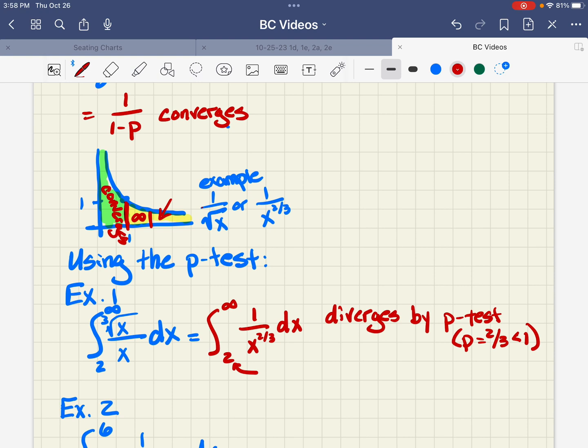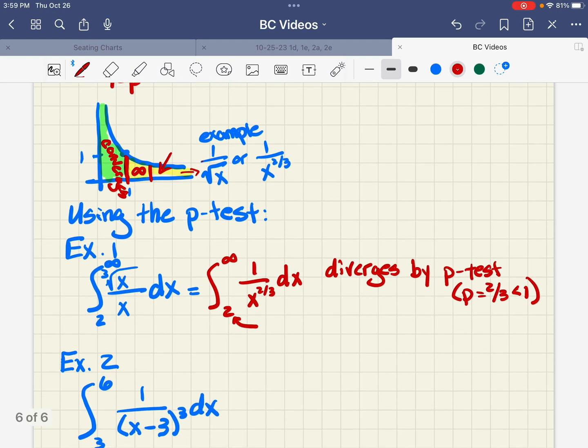So this lower bound not being a 1 is okay, as long as it's on the right side of the asymptote, so it's some positive value. The convergence or divergence happens way out here at the end and not close to the 1. So it doesn't matter if we started at 2 or 3 or 5 billion instead. Okay, so that's a big time saver, isn't it?